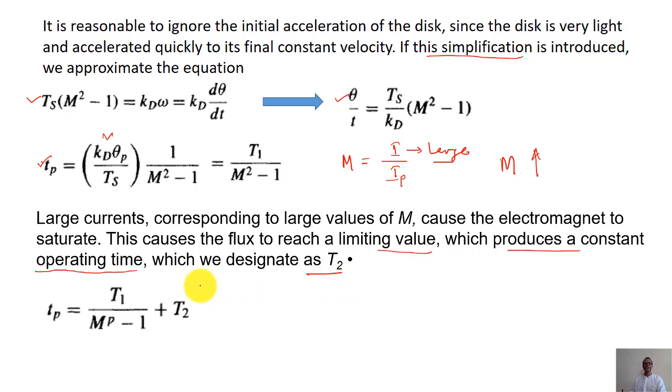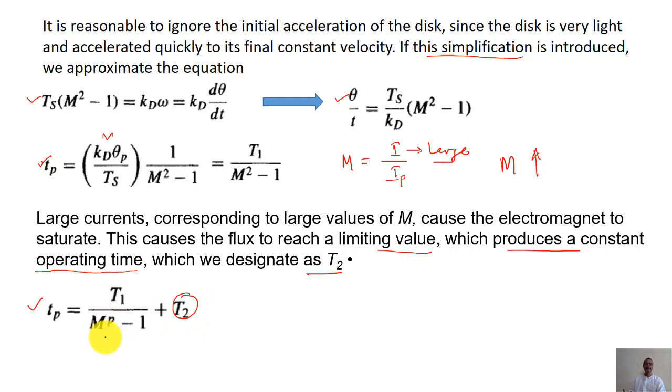So then your equation will become, the time for operation, that is pickup time, will be equal to T1 or Ti by m square minus 1 plus T2. Okay, so this T2 is your fixed time.